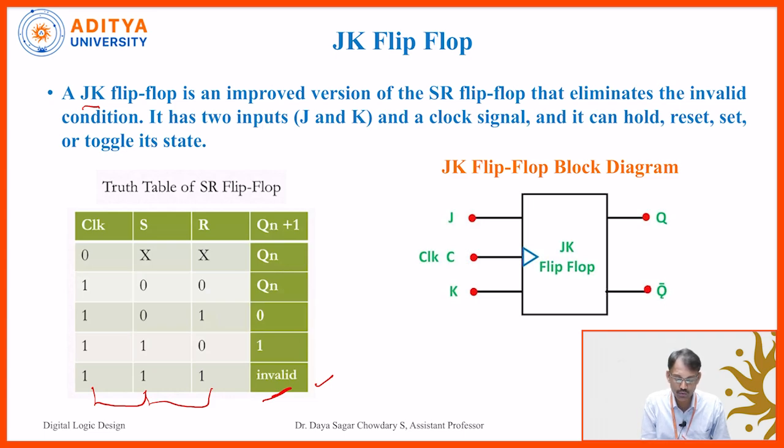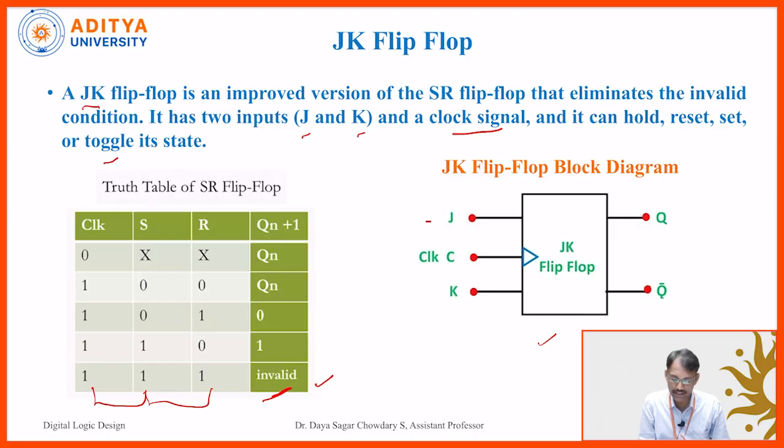It has two inputs, J and K. Likewise S and R, here J and K are the inputs, and a clock signal is also there, and it can hold, reset, set and finally toggle its state. Now this is a simple block diagram of the JK flip-flop.